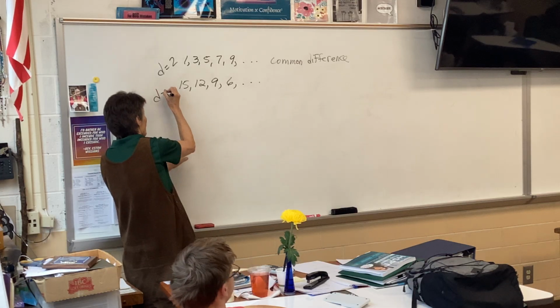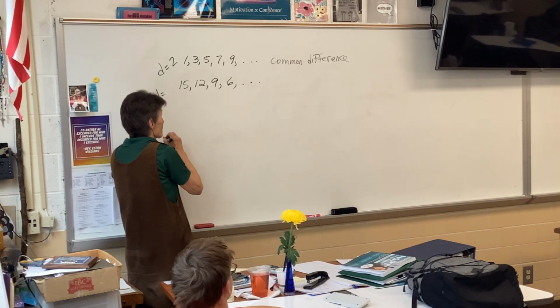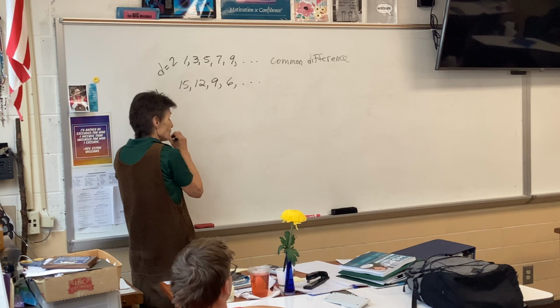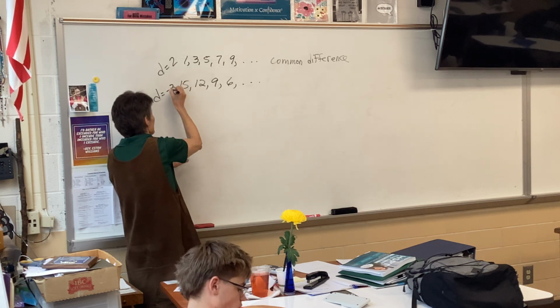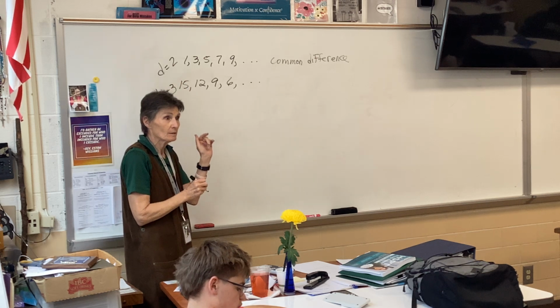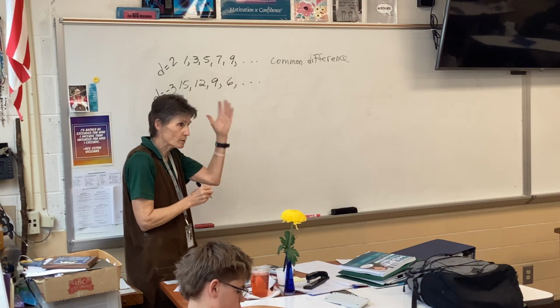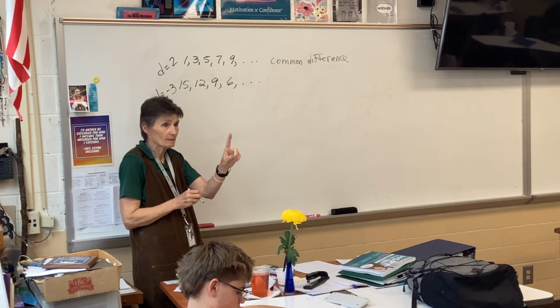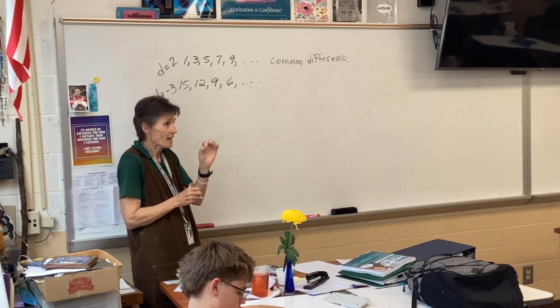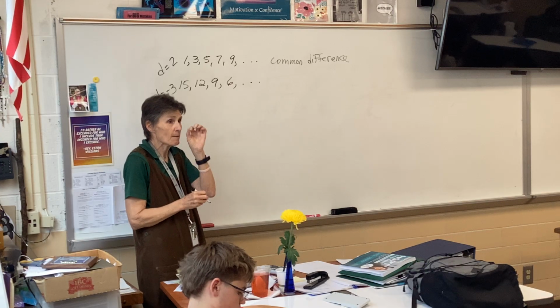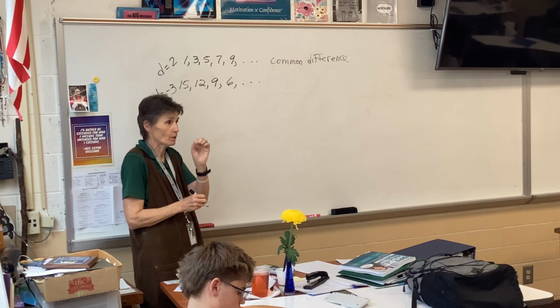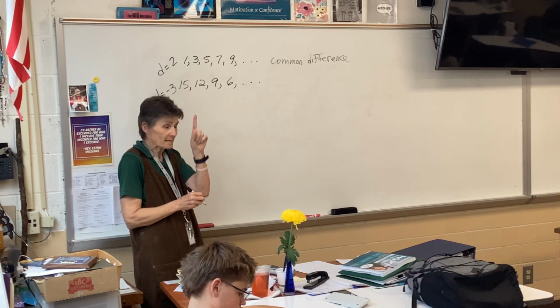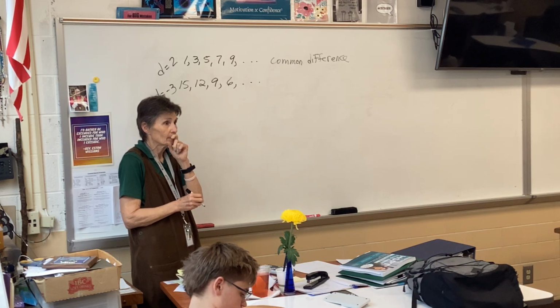What is it for this one? Not 3, -3. Aren't I adding -3? You can add positives, you can add negatives, you can add whatever you want. But if you're arithmetic, you must be adding the same number over and over again. That's how you know if something's arithmetic.